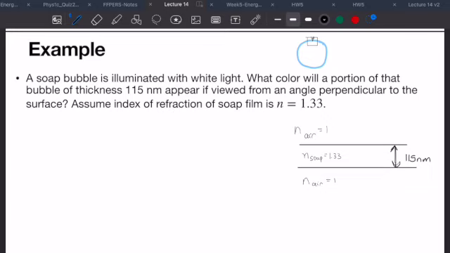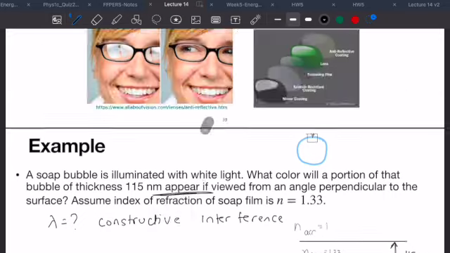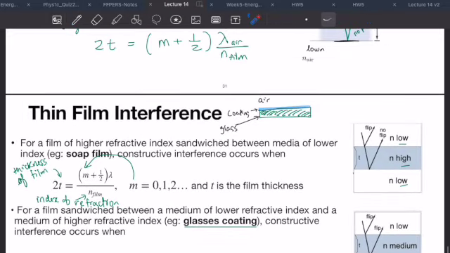Well, if we're trying to figure out what color it appears, we're looking for which wavelength gives us constructive interference. So I'll go ahead and bring down this formula we know to be true for thin films where we're going from low, high, low. For us, air, soap, air.